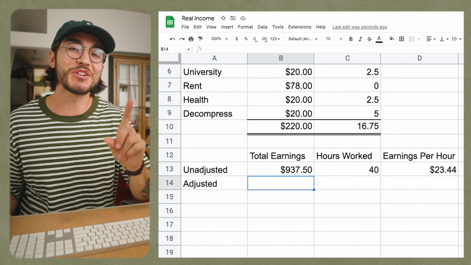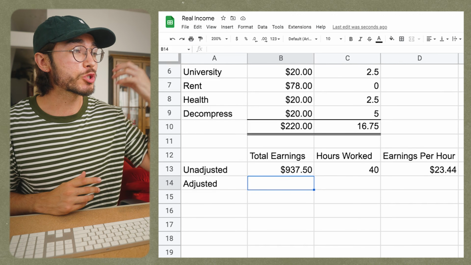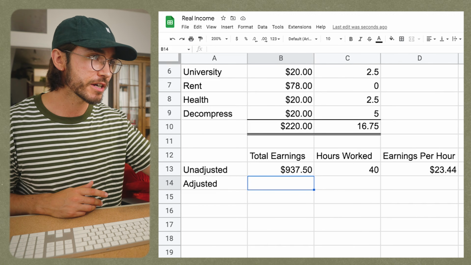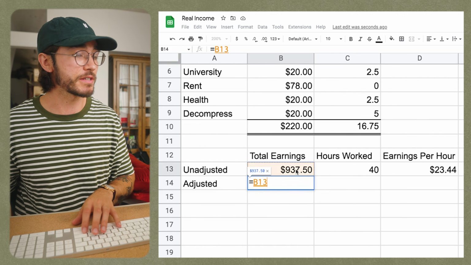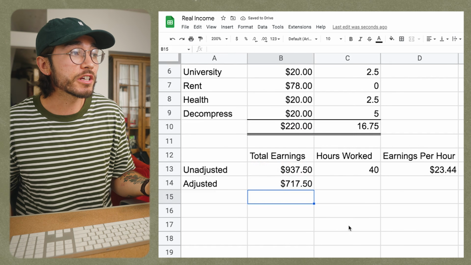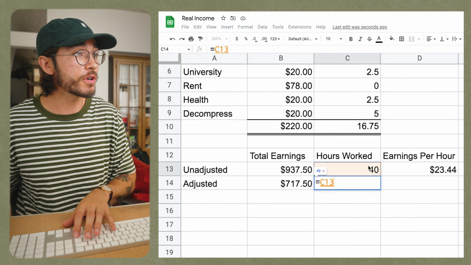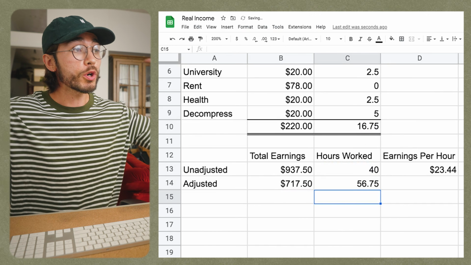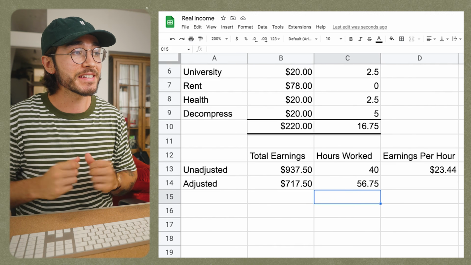But that's not my real income from my job. To find my real income, I'll now subtract the cost of my work-related expenses, both from the monetary value and the hourly value here. So on an adjusted basis, I'll subtract this from this to tell me that I actually earned $717 per week. And I'll add 40 plus this number here to tell me that I actually worked in total, everything related to my work and my work, 56 hours per week.